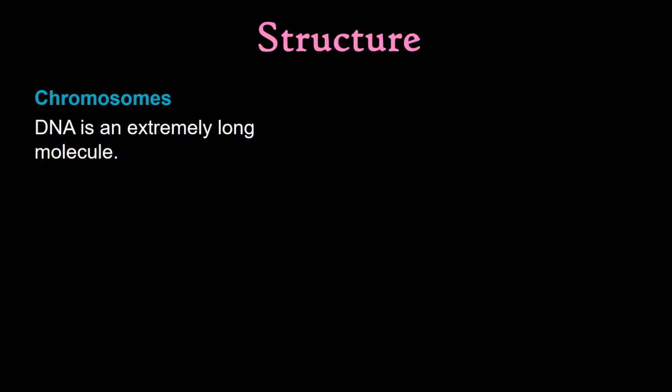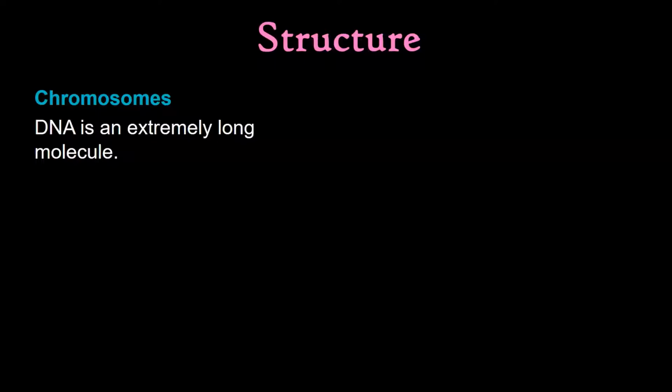But if you were to take all the DNA from all of your cells and add it end to end, the total length of DNA from all of the cells in your body would stretch not just to the sun, 150 million kilometers, but to the sun and back many times.